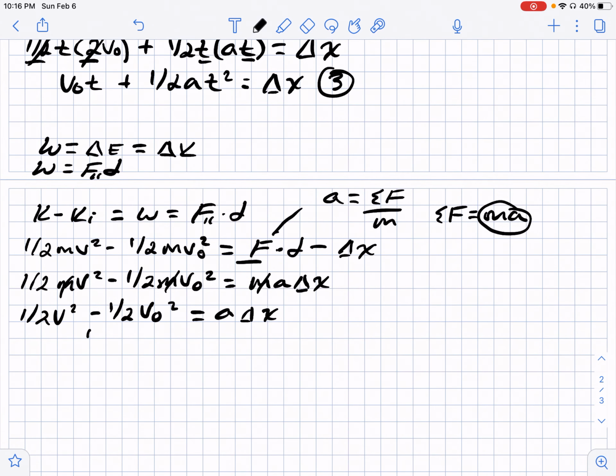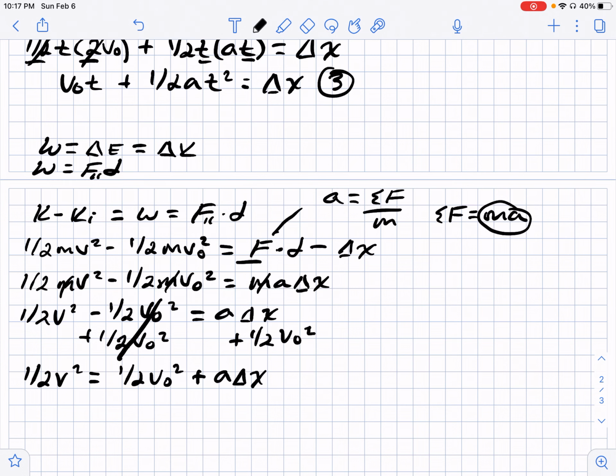So I'm going to add 1/2 v naught squared to both sides. So I got 1/2 v squared equals 1/2 v naught squared plus a delta x.